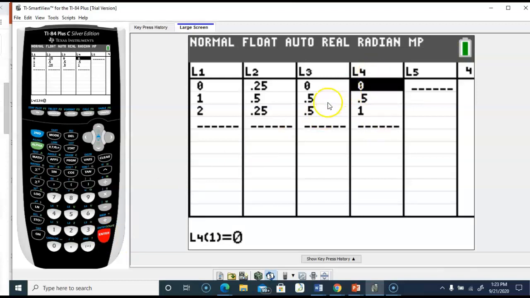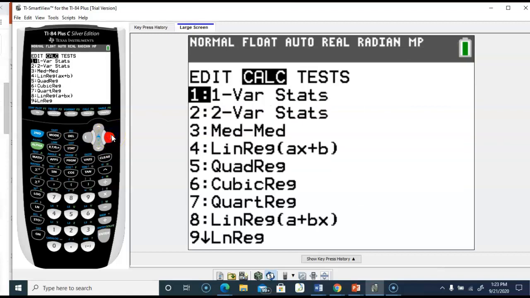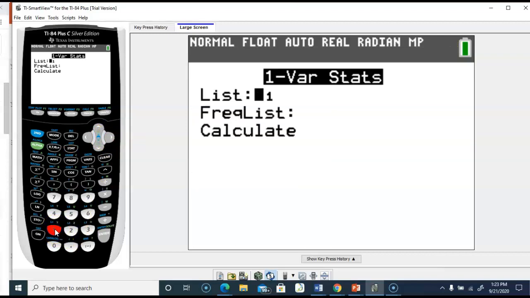So I can easily fill in the values from here, but ultimately we're not really interested in the values as much as the sum of each of the columns. If I want to sum L3, get the total here, I'm going to go to Stat, go over to Calculate, choose one variable, Stats, and then tell it to work with L3.